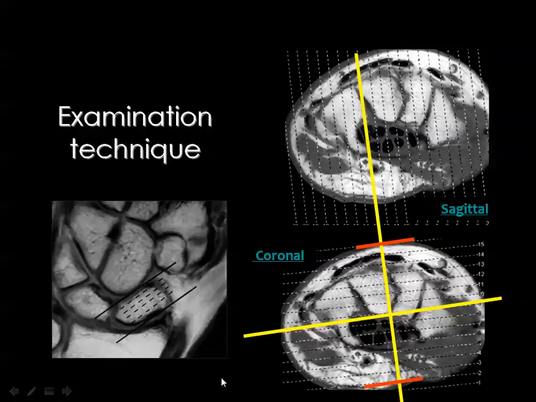Sometimes you can select one of the carpal bones, particularly the scaphoid, which is frequently injured, and there are some pathologies confined to this particular bone, then you may concentrate your examination taking special orientation of sections going along the long axis of this particular bone.